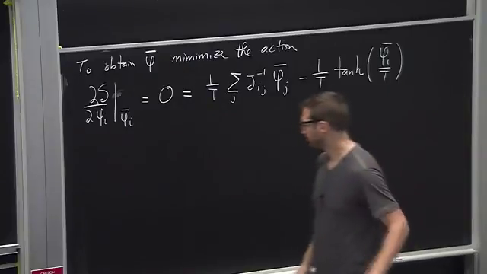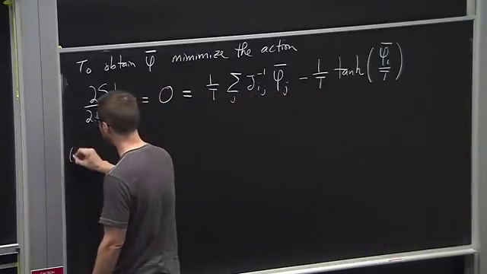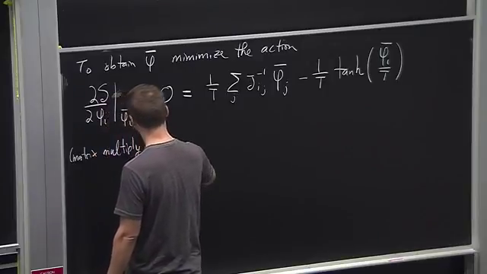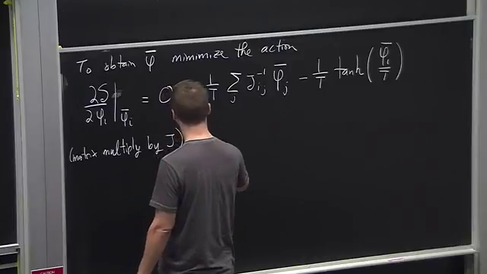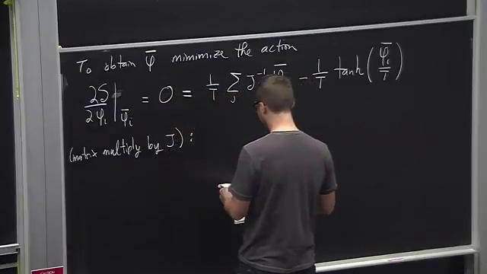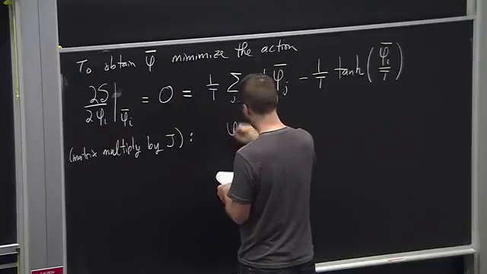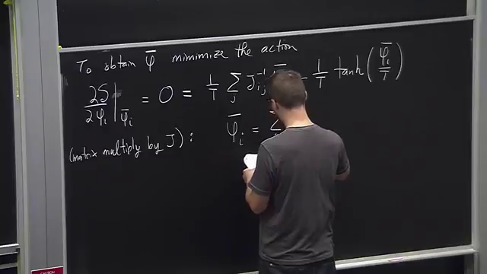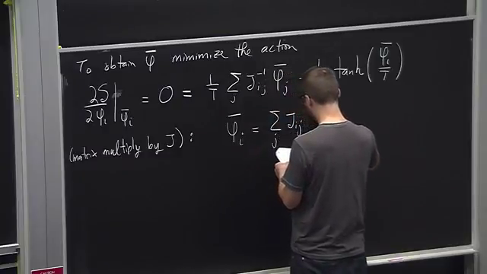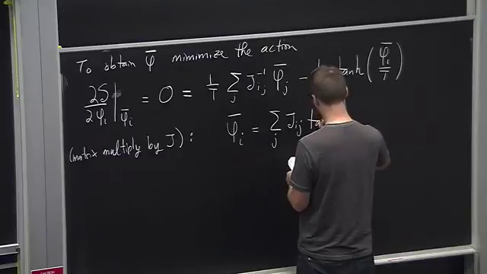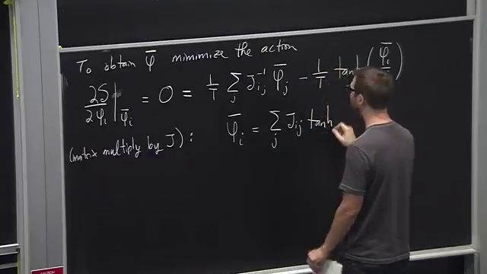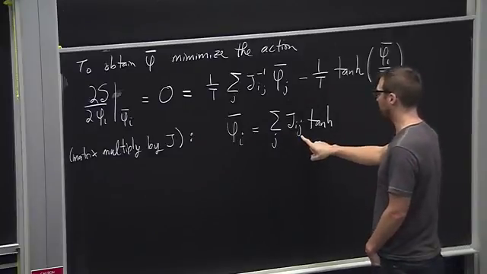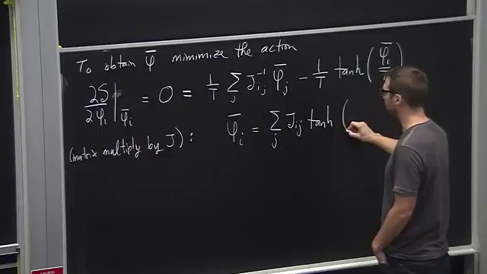That'll give me something like this, tanh, hyperbolic tangent, J ij. I need a J in here then.